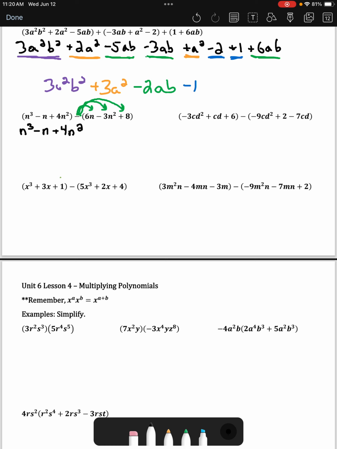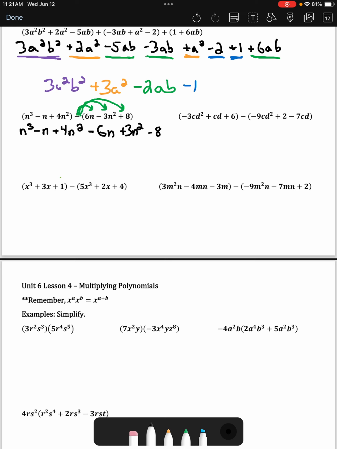But because of the negative sign in front of the parentheses, when we rewrite this problem, and we do have to rewrite these ones, no getting around this, we have to make sure we say that it is negative 6n. And that 3n to the second, that is pretending in the parentheses to be negative, is actually positive. And the 8 that is in the parentheses, pretending to be positive, is negative.